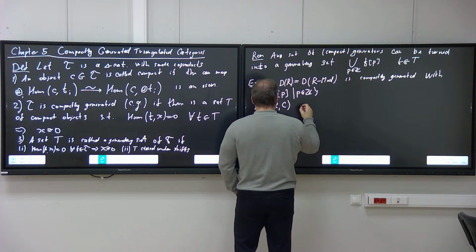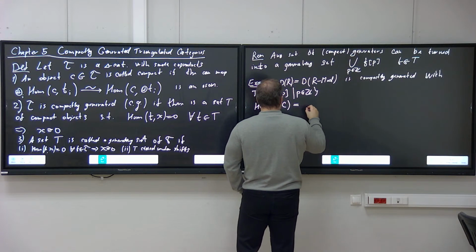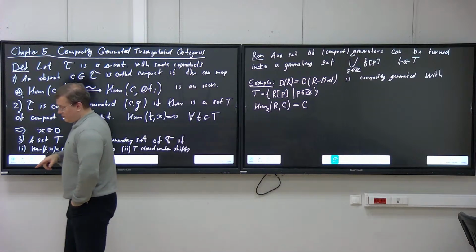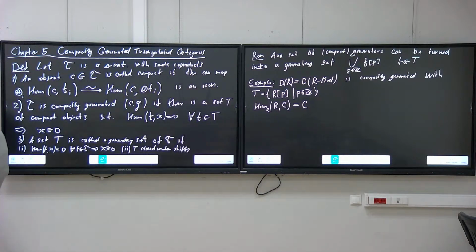Well, you can identify this just with C. The Hom over R from the ring to the complex is just the complex. If all such Homs are equal to 0, well, if just one Hom is equal to 0, then this means that the complex itself is 0. So I think you don't really need shifts, right?